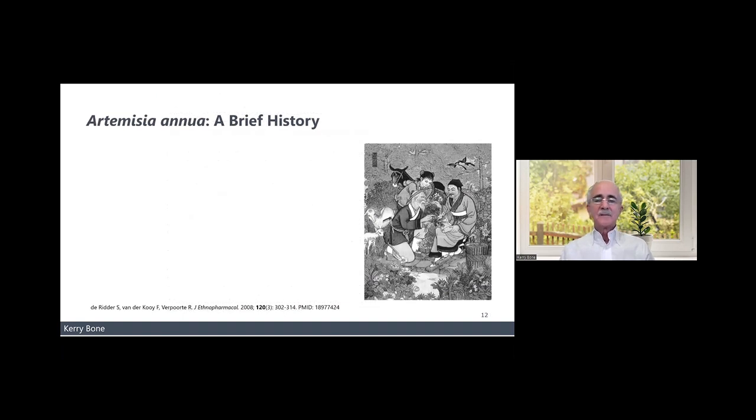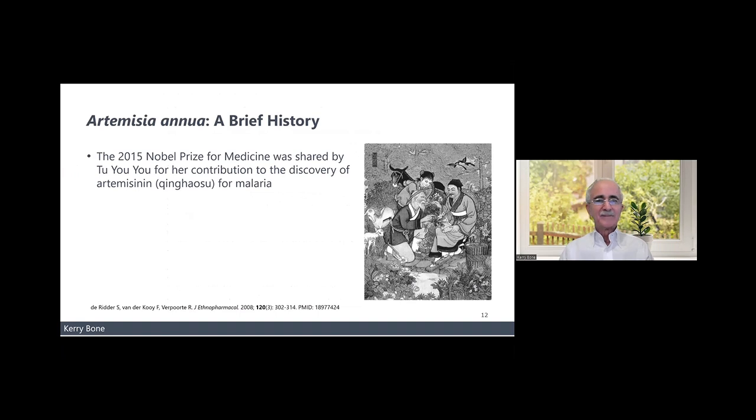So, where's the proof of the pudding? Is the whole herb better than an isolated phytochemical? Well, you can't have a disease that is more challenging than malaria. So let's look at this wonderful Chinese plant, sweet wormwood, or Qinghao as it's called, or Artemisia annua as it's known botanically.